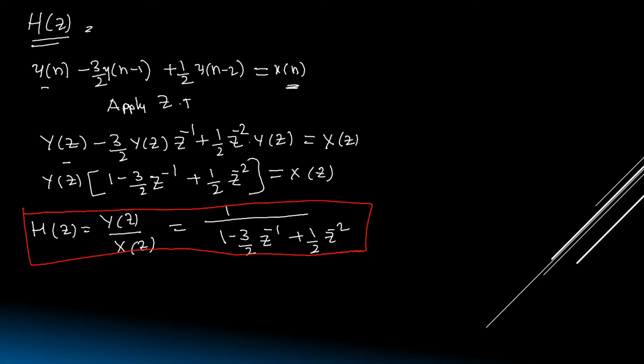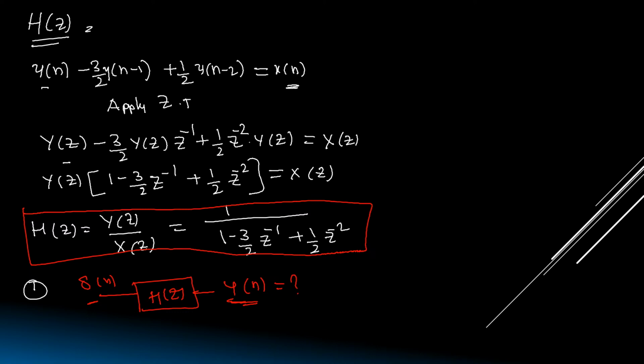Now we need to find the impulse response for the given system. We have H(z); apply delta(n) as input, and what is y(n)? This is called the impulse response, the response for an impulse input. How to find it?